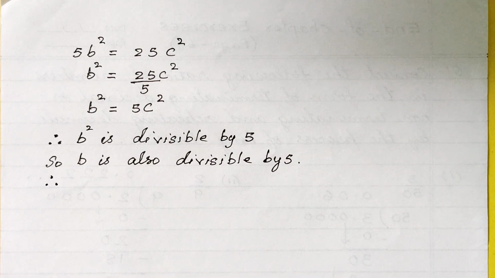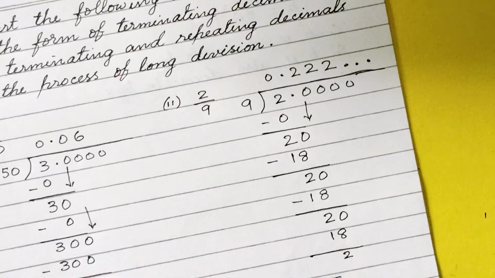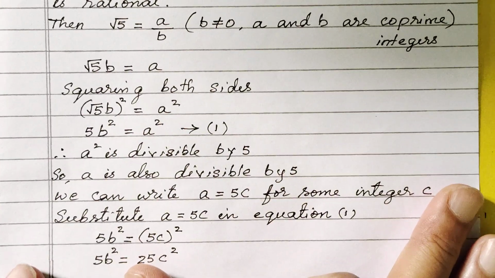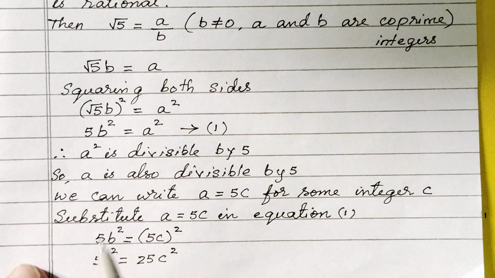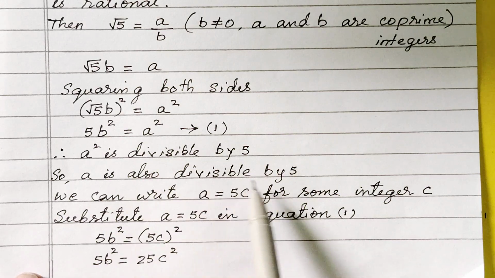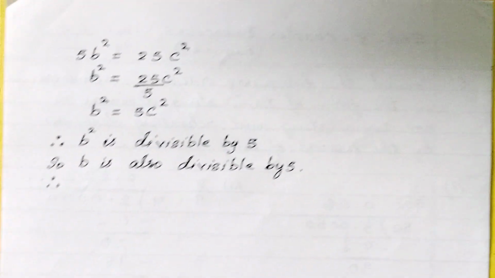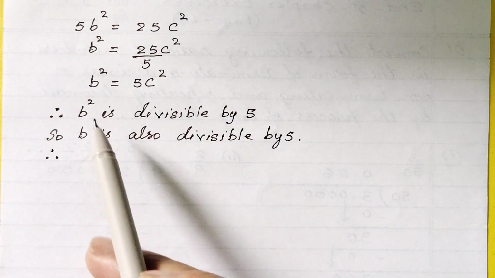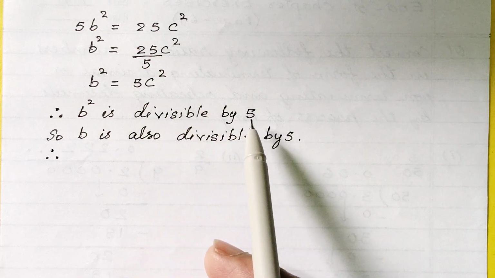You can see here, a is divisible by 5 and b is also divisible by 5.